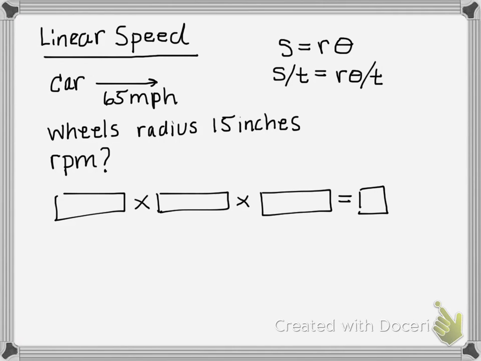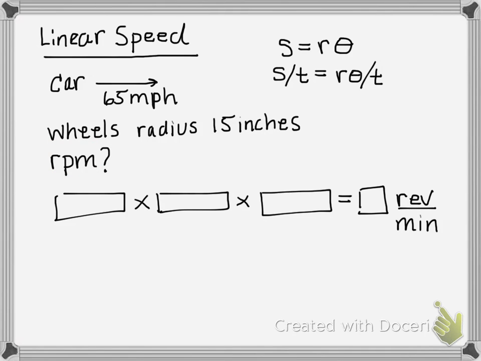And if I keep track, I'm going to be able to get to the units that I want. So RPM over here, that's not the best way to look at it. I want to look at it as revolutions per minute. That's looking at it as a fraction that I can get to.